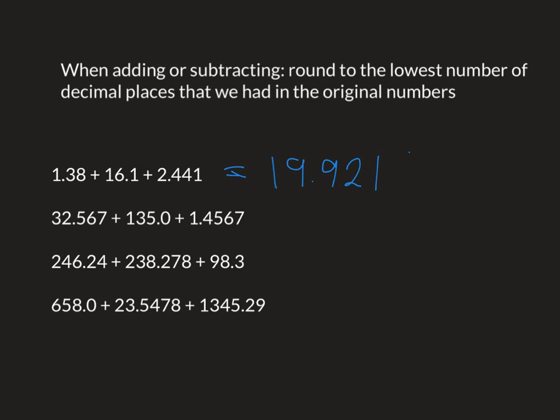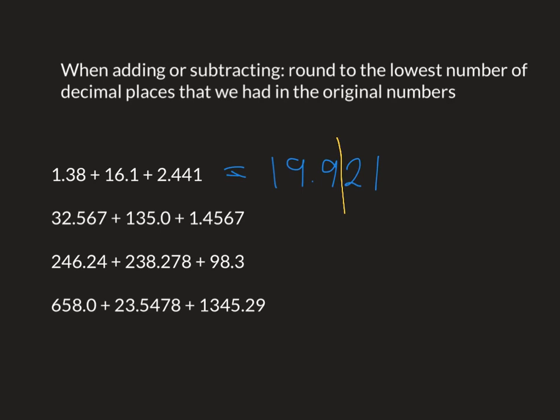19.921. Now remember, I don't care about the number of significant digits. All I care about is the number of decimal places. So when I look at my original numbers, this one has 2 decimal places, this one has 1, this one has 3. Because this is my number with the fewest decimal places, I want my answer to only have 1 decimal place. So when I round, I'm going to be rounding here.